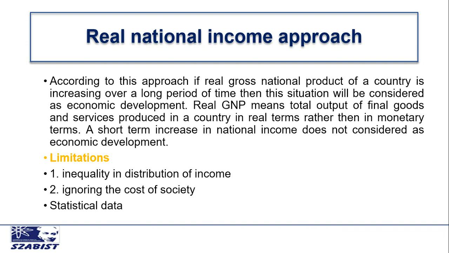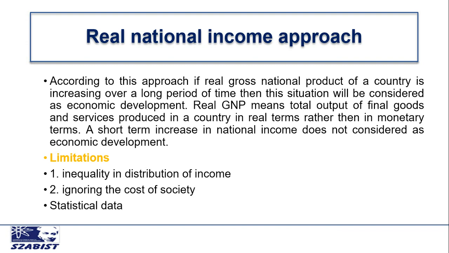So there is a chance that there is inequality in distribution of income. There may be a possibility that fewer people have more income and more people have less income. So the first issue in the real national income method is inequality in distribution of income.